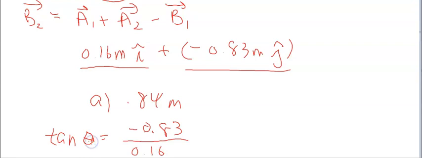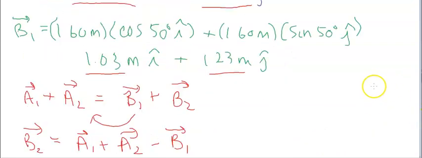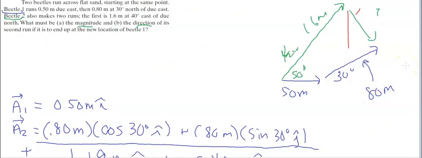We solve for theta by taking the inverse tangent of that, and when you plug that into your calculator, you should get negative 79 degrees. So this angle down here is going to be 79 degrees south of east. Or you could say 11 degrees east of south.